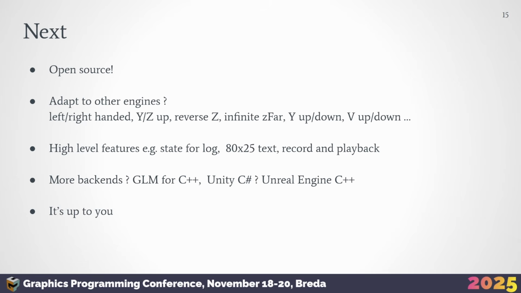There might be some other high-level features. For example, we could have something like a log file where you have a buffer that you're binding, and then you're logging just a few numbers into it that you want to output. And then there's another shader afterwards that maybe is some 80 by 25 text console window-like thing. And that one would print out whatever it finds in the log file. So you can actually output into a log file and then browse that log file with some functions. We don't have that yet, but it would be possible.